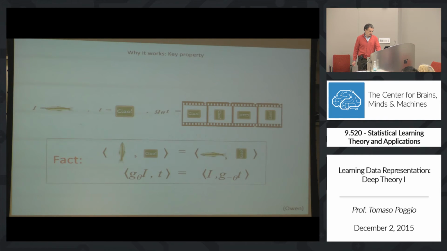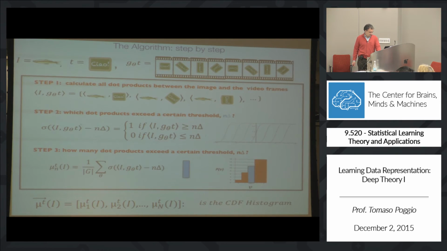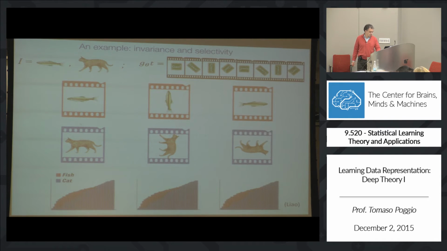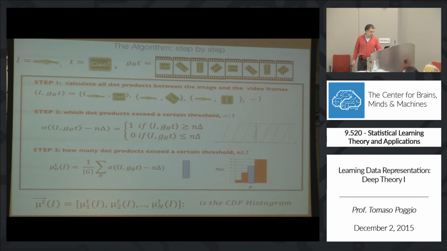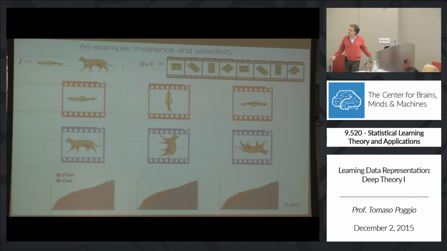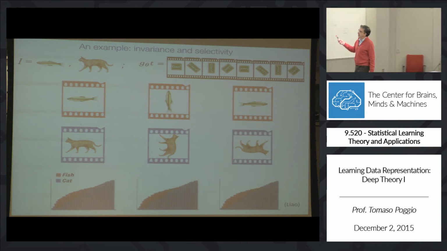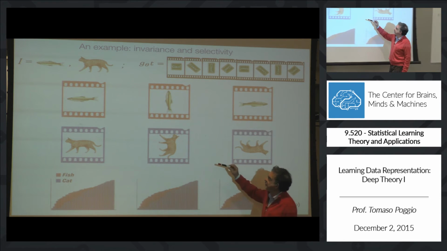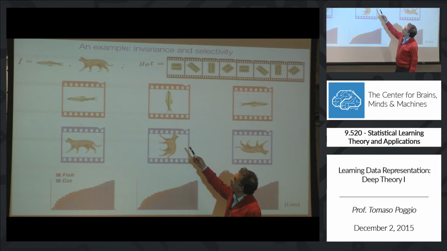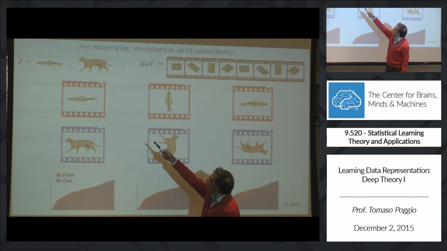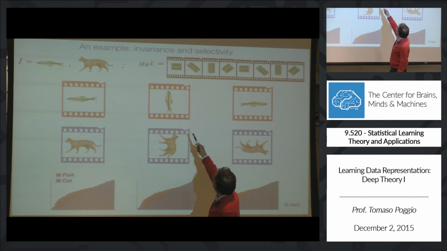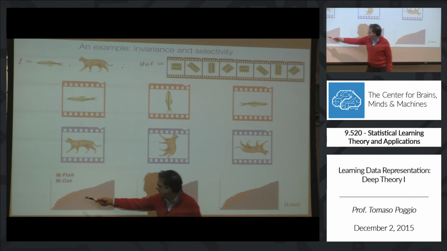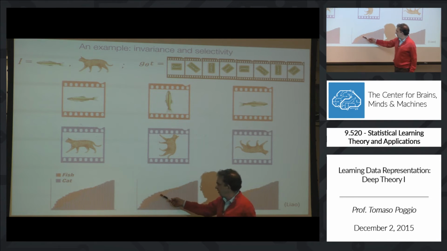Let me see. But here is again showing how it works. I can have, for instance, an object like the fish, and have different rotations of the fish, and they all give the same histogram.